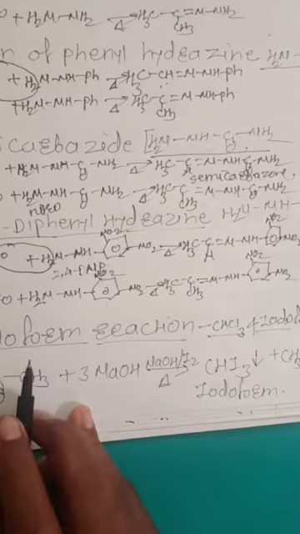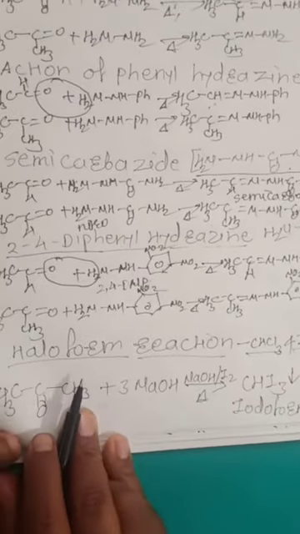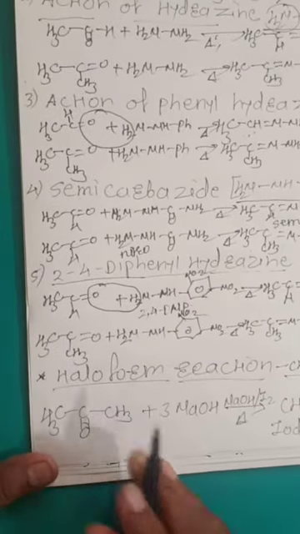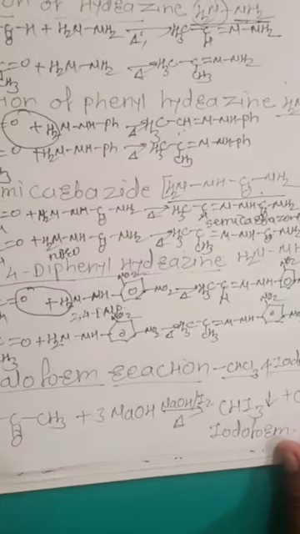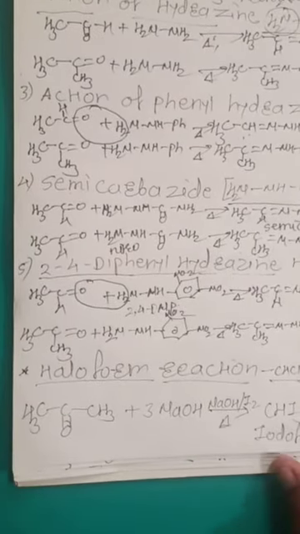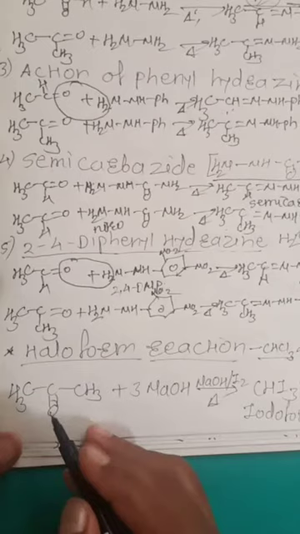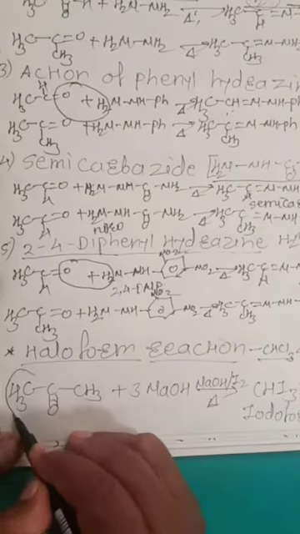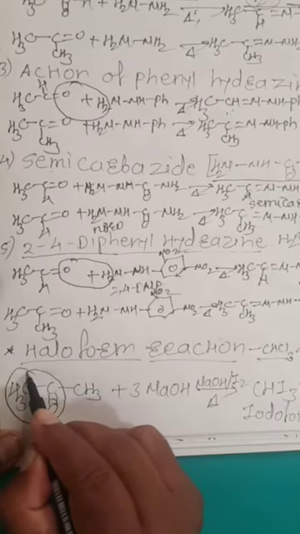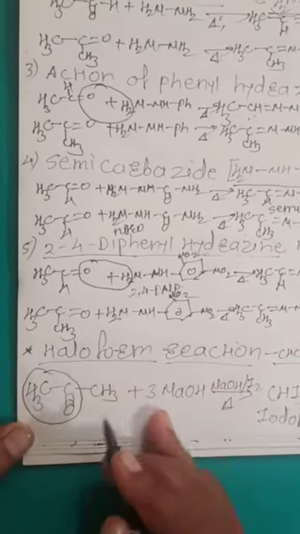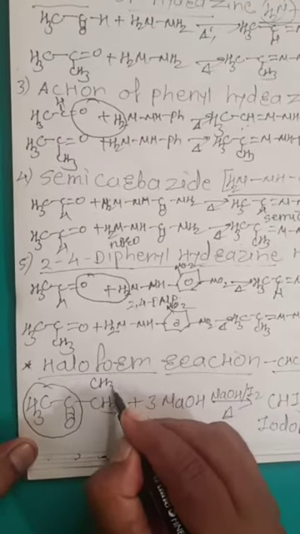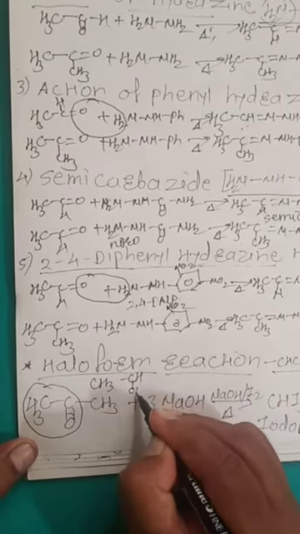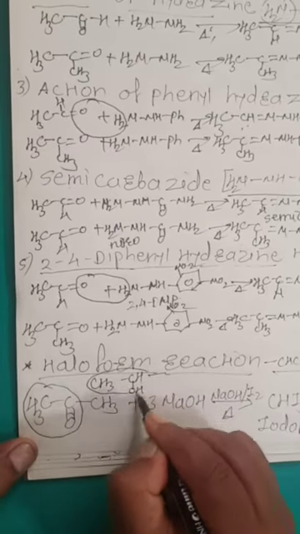Here the basic thing is which compound shows corresponding reaction. Compound which contains CH3CO group or CH3CHOH group shows this reaction.